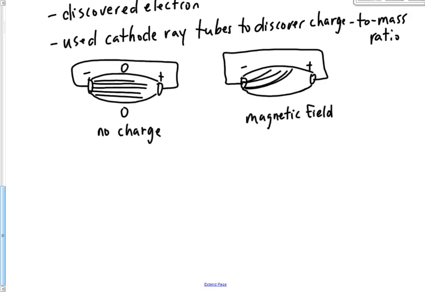And using his knowledge of how much they bent and where they landed, he could tell what the charge to mass ratio was. Okay, and using this, he came up with the plum pudding model of the atom.